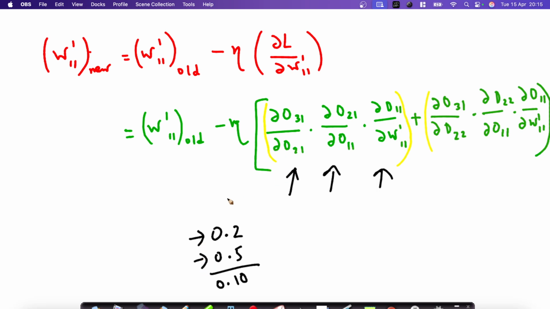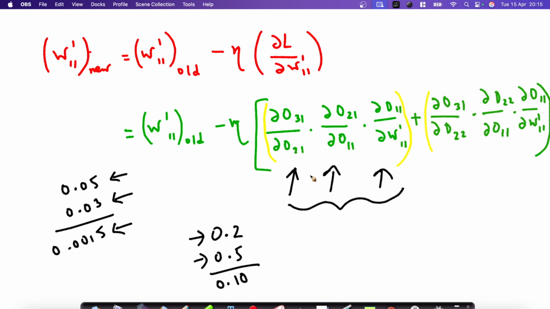It is very intuitive. Moreover, let us take another example. If we have 0.05 multiplied by 0.03, what will happen? 3 fives are 15, right? And we will have 4 decimal points like this. So this result is much lesser than these individual values, right? So if we multiply so many values which are already less than 1, we will get a value which is very negligible, right?